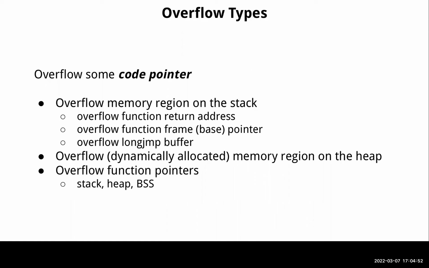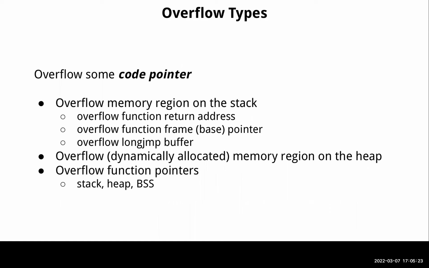So overflowing the return address means you basically overflow a code pointer. If you overflow the function frame pointer, which is the EBP, which we saw last week, you do not directly overflow the code pointer, but eventually the return address is still overflowed. So the attacker can still get what they want.